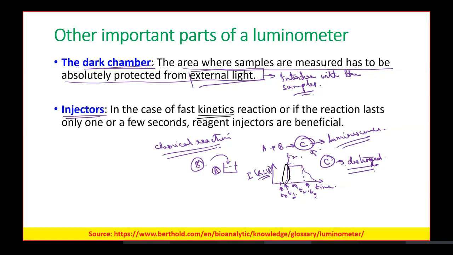Also, if the C component is getting destroyed, you will be able to analyze the decomposition kinetics. So you can find out the synthesis kinetics or the decomposition kinetics, whatever you want.